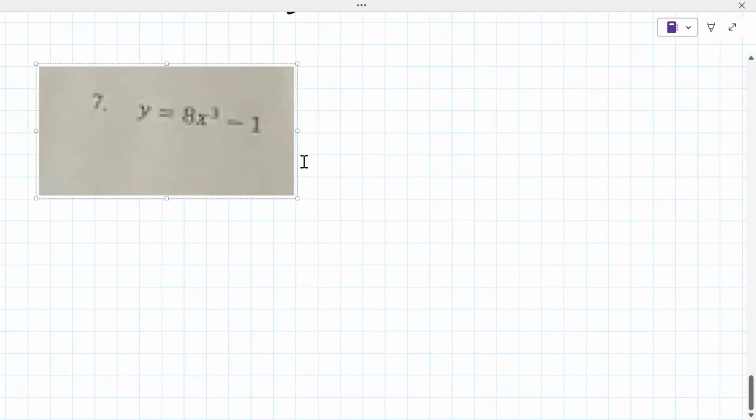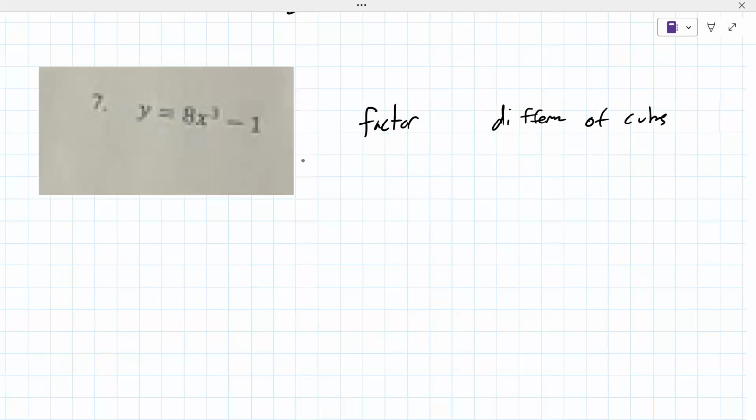All right, so for number 7, because you're asked to factor, you have to factor. If you didn't have to factor, you could use a different method to find this, which is just straight solving, correct method. This is called difference of cubes. So difference of cubes is when you have something cubed minus something cubed, it always becomes this.